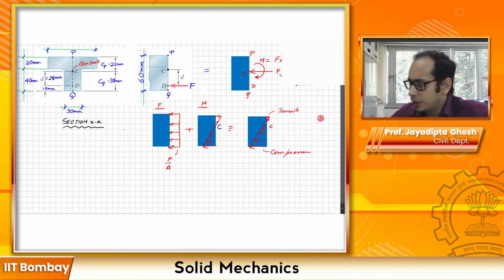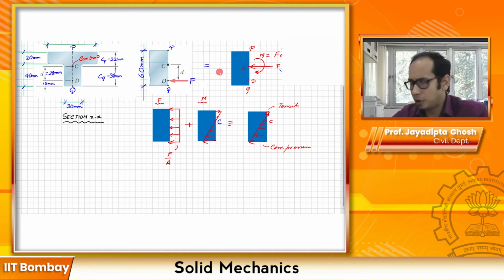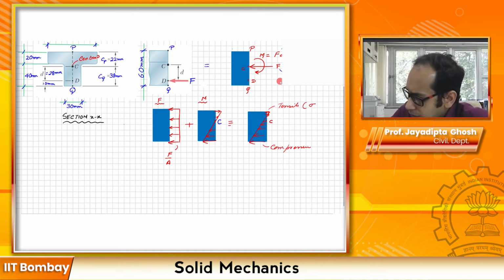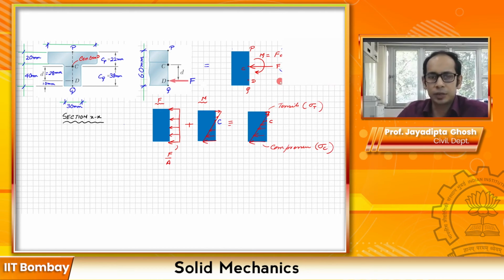So let us write the overall tensile stress that is there. This is sigma T, and this is sigma C over here. Let me write the expression for sigma T first. Sigma T is going to be the sigma T due to the moment, and then I'm going to have to add this one over here.